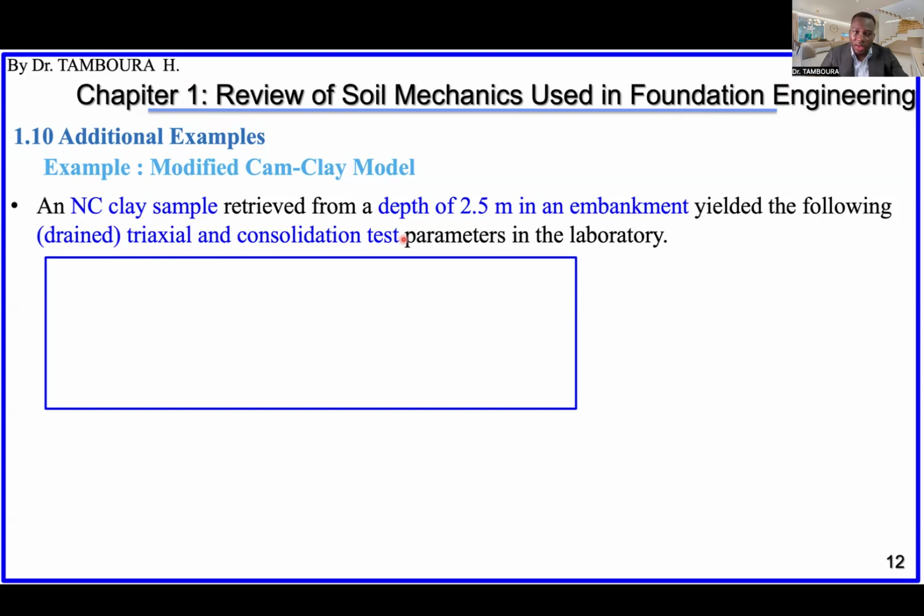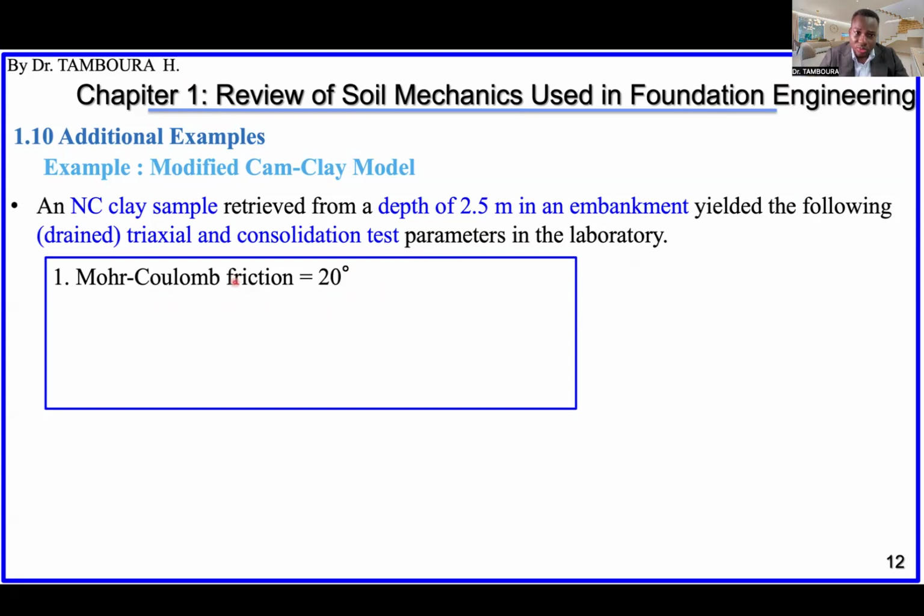Okay, and then after taking the sample, a triaxial test was performed. Okay, undrained triaxial test and consolidation test to get soil parameters in a lab test. Okay, so we got the Mohr-Coulomb friction angle here is 20 degrees.